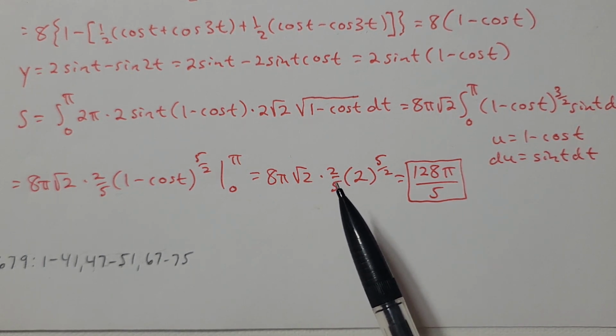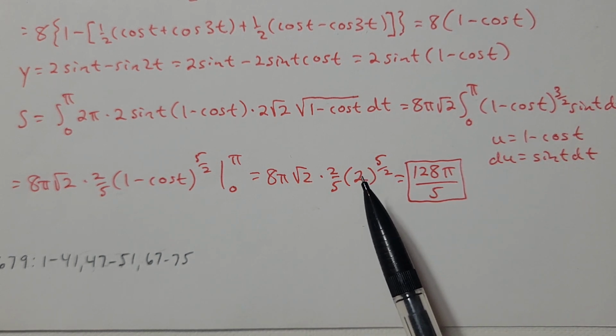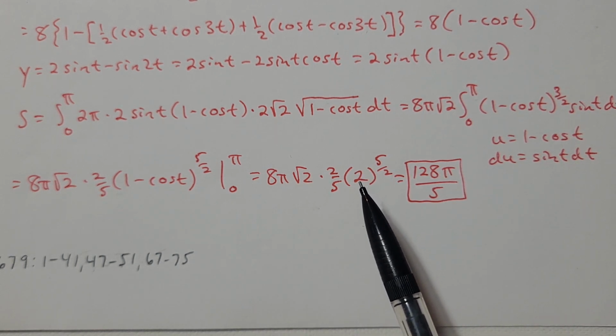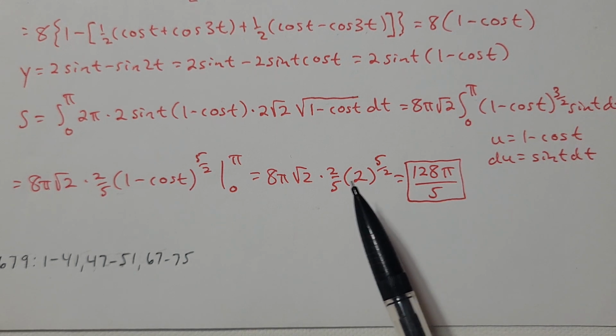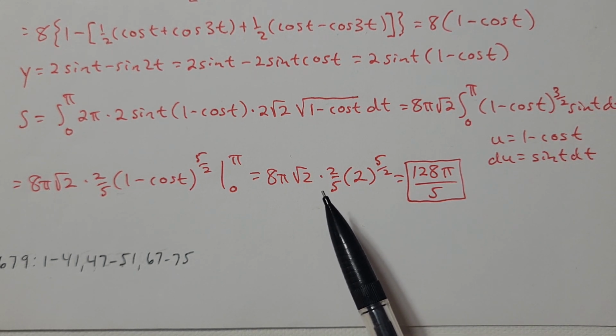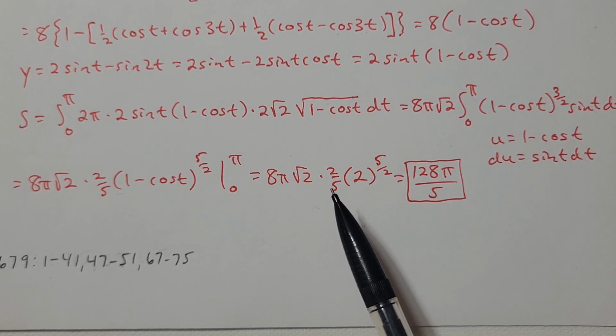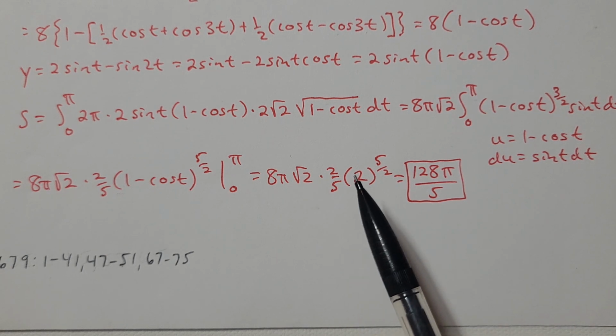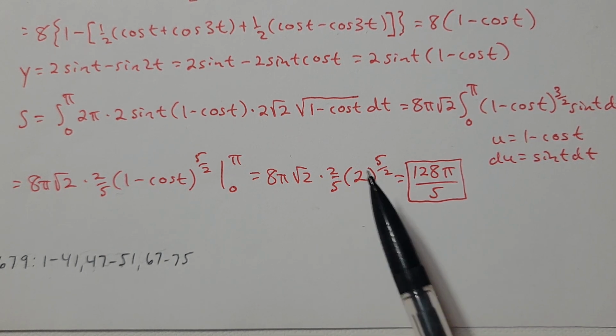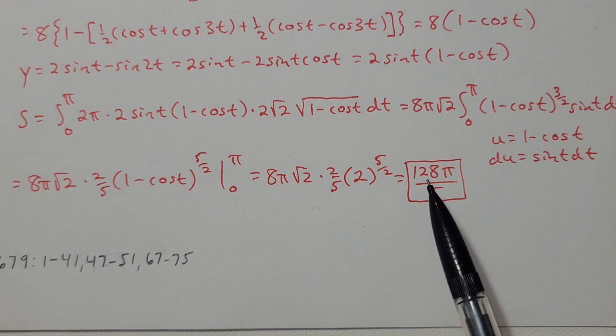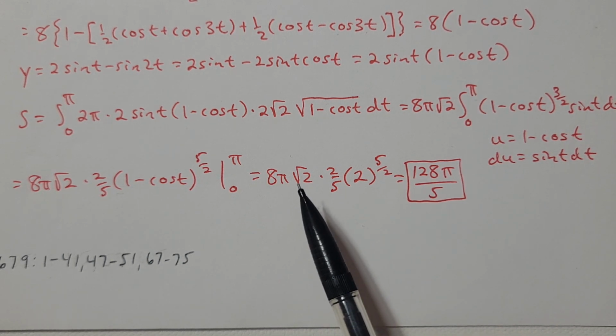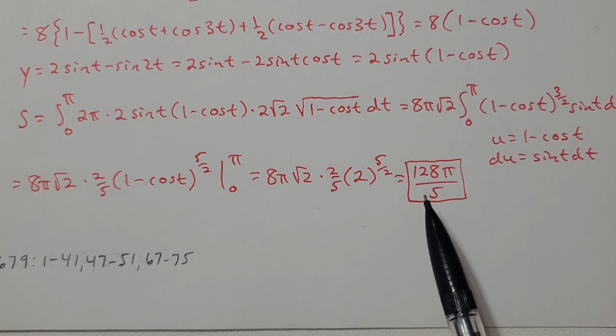Root 2 times 2 to the 5 halves, that's the same as 2 squared to the 1/2. 2 to the 1/2 times 2 to the 1/2, that'd be 2. So I'm going to have 8 times 8 times 2, which is 128. We've got pi up top, and 5 in the denominator.